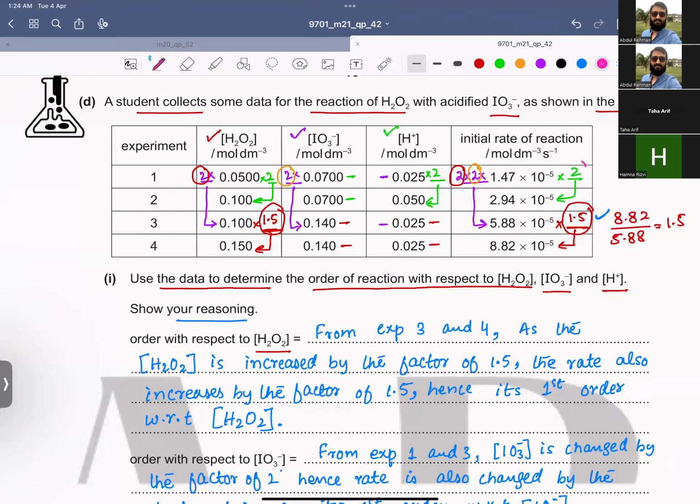So this change in the rate by the factor of 2 is due to the change in the concentration of H2O2, not due to the change in the concentration of hydrogen ion. So I can say it's zero order with respect to the concentration of hydrogen ion. Is this clear? Yes.